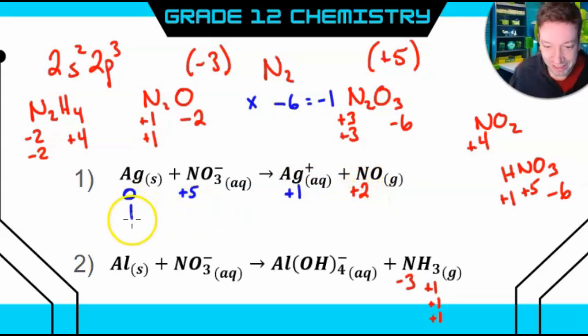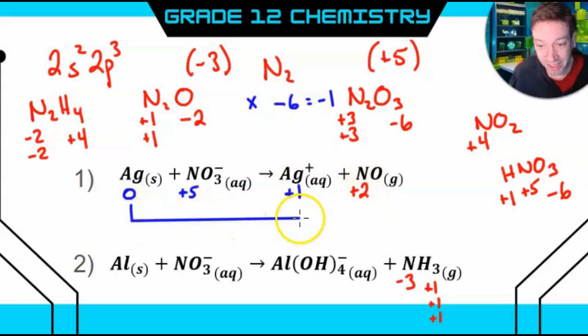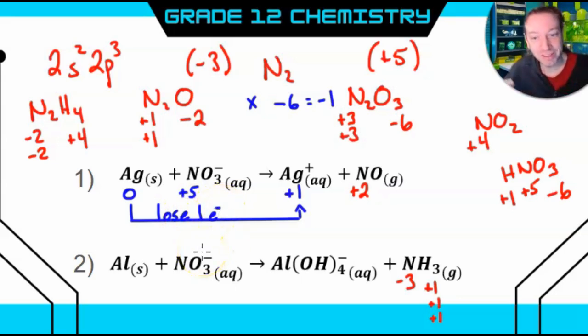So if we were to look at silver, is it being oxidized or is it being reduced? Well, it's going from a charge of 0 to +1. So it's gaining charges, meaning it's losing electrons. It loses 1 electron. And if you lose electrons, you are oxidized. Remember, Leo. So this one is oxidized.